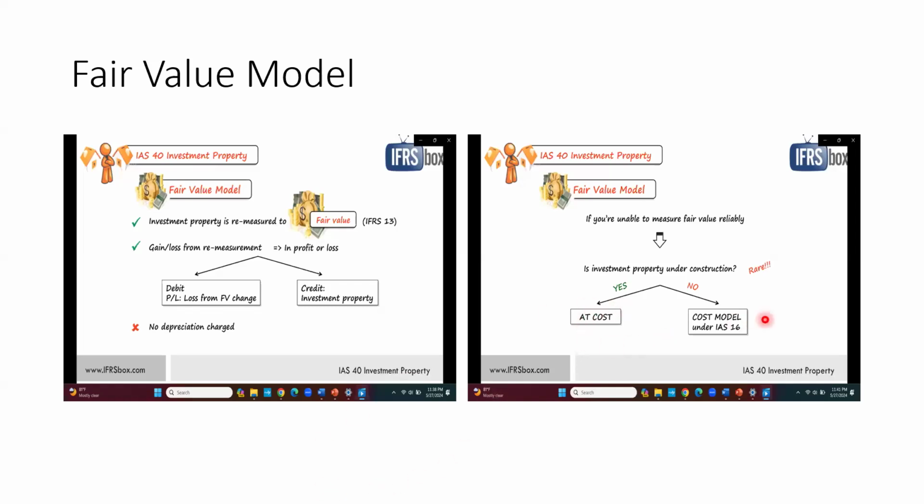But if it's not under construction, then you have to use the cost model according to IAS 16 if you're unable to determine the fair value. If your accounting policy is to use the fair value model, but at the end of the reporting period you are unable to measure the fair value reliably, then go by the cost. Carry the item at cost. That's what the standard is saying.